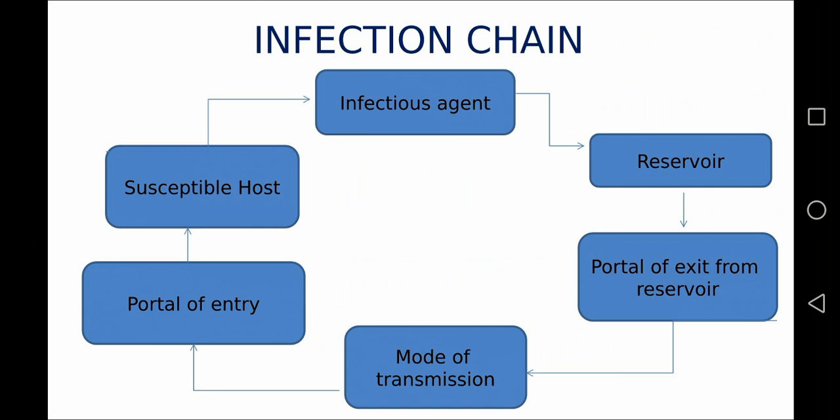Next is mode of transmission. It is a method by which invading organism is transported to a new host either by direct contact, air, food, etc. Next is portal of entry, where the organism enters a new host either by respiratory tract, gastrointestinal tract, broken skin, etc. Next is susceptible host.